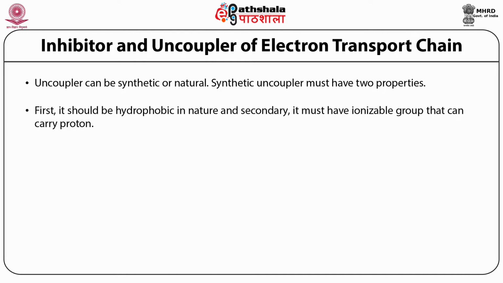First one, it should be hydrophobic, which allows the uncoupler to move through the mitochondrial inner membrane. The second one is it must have an ionizable group that allows the uncoupler to take protons from the intermembrane space and transfer them back into the matrix. So we have two types of uncouplers. The first one is natural uncoupler, the second one is synthetic uncoupler.